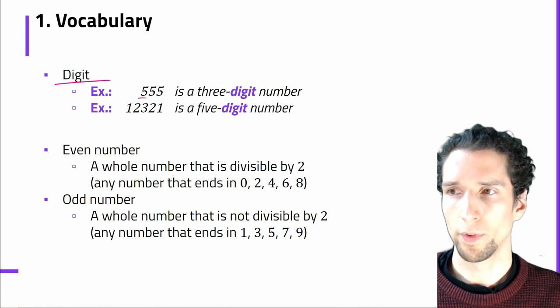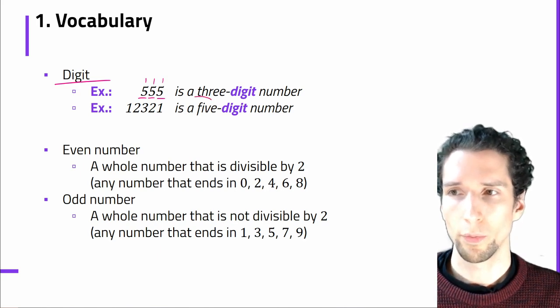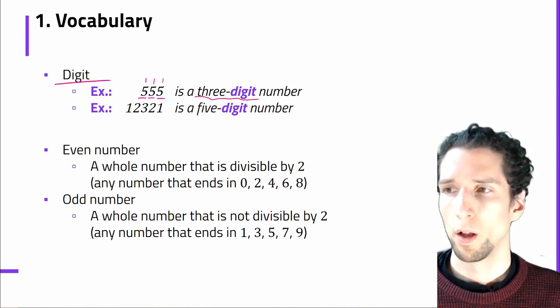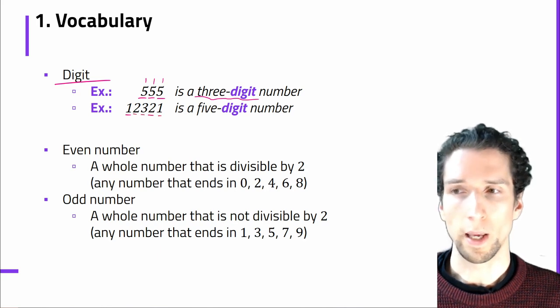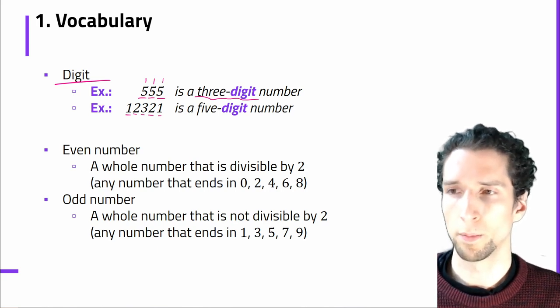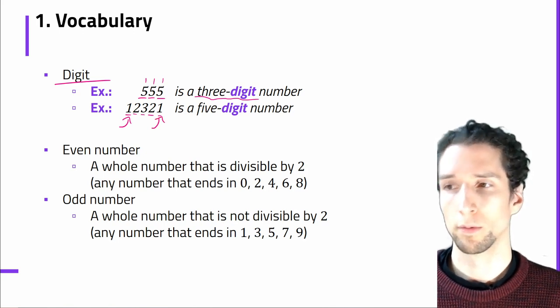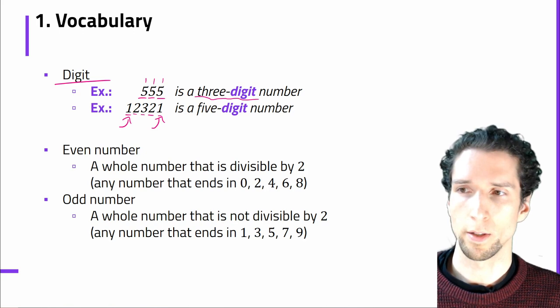So 555 has 3 columns here, so this is a 3-digit number. And 12,321 is a 5-digit number because it has 5 parts, 5 columns. So we have the first digit 1, and the last or final digit, also 1 in this case.